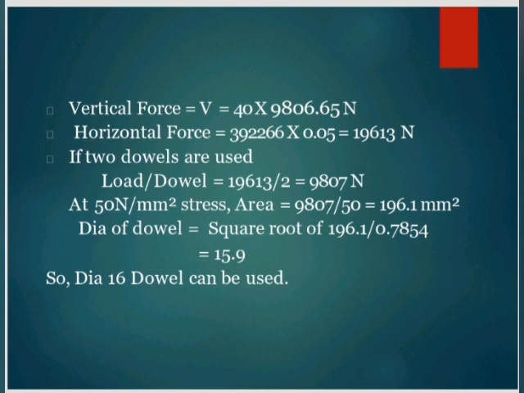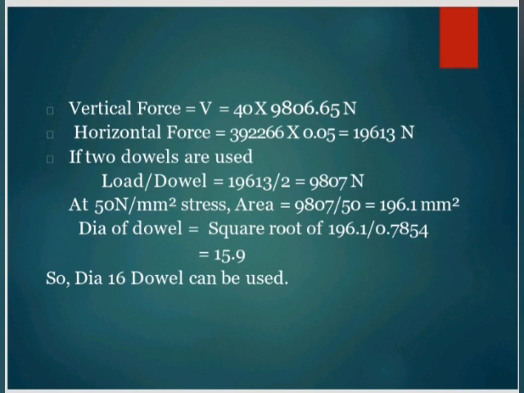So it comes 19613 Newton. If two dowels are used, then load per dowel is equal to 19613 divided by 2, which is 9807 Newton.